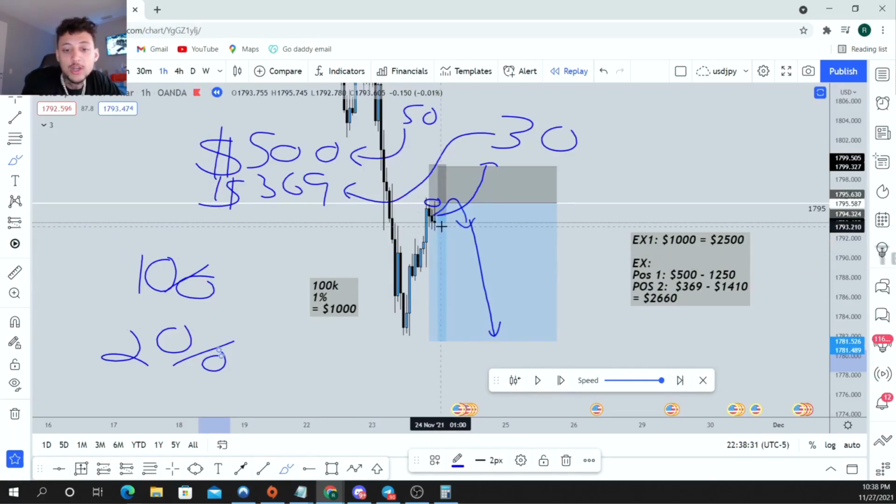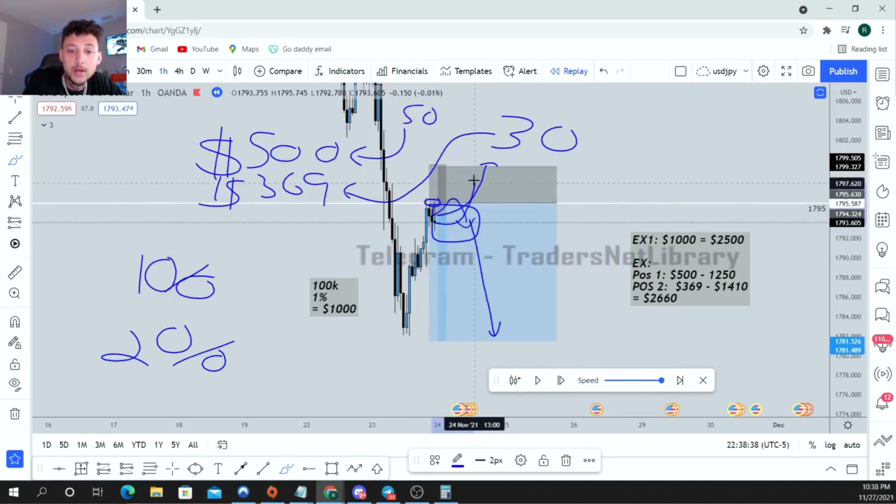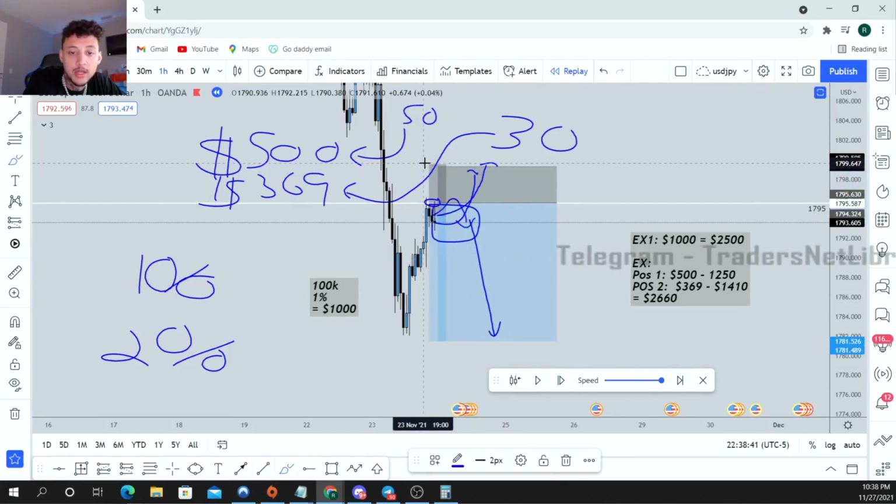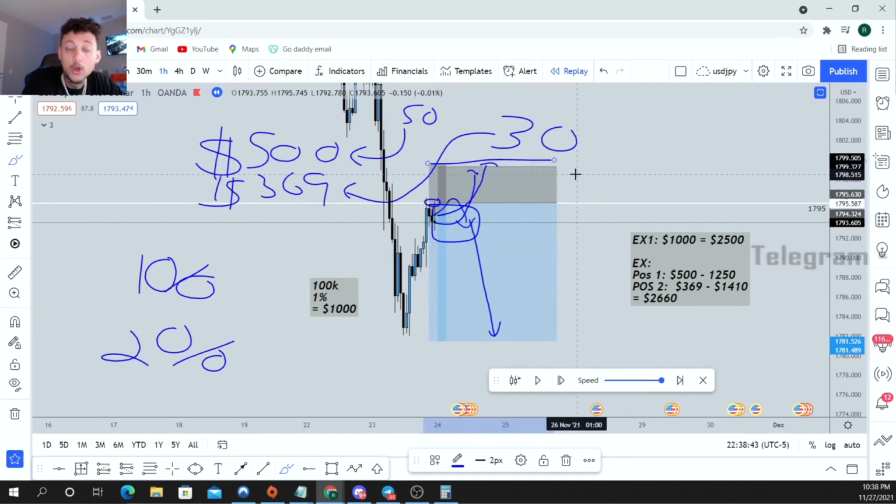You have to remember, you can enter 4 different entries at 4 different price ranges within this entire area, but your stop loss is going to be at the same level, along with how much you lose. It is never going to surpass what you initially expect to lose. So if you're saying, on this specific trade I'm okay with losing $1,000, which is 1% risk on my account, then you have to do the math on how many lots you have to enter and how many positions you plan on entering.